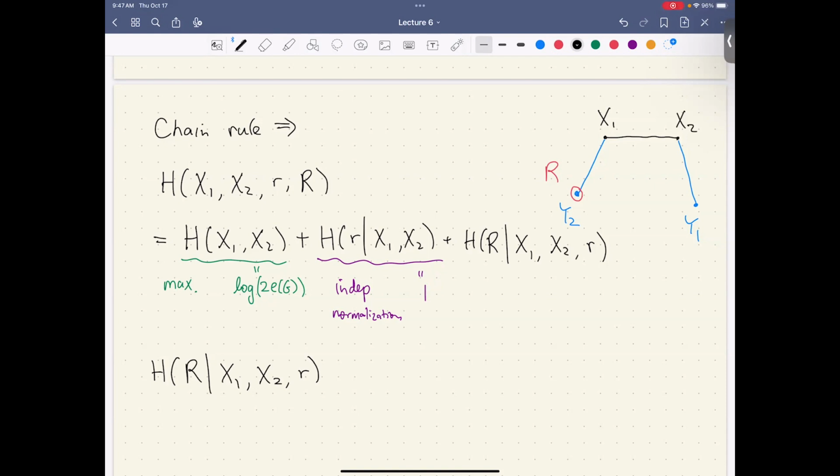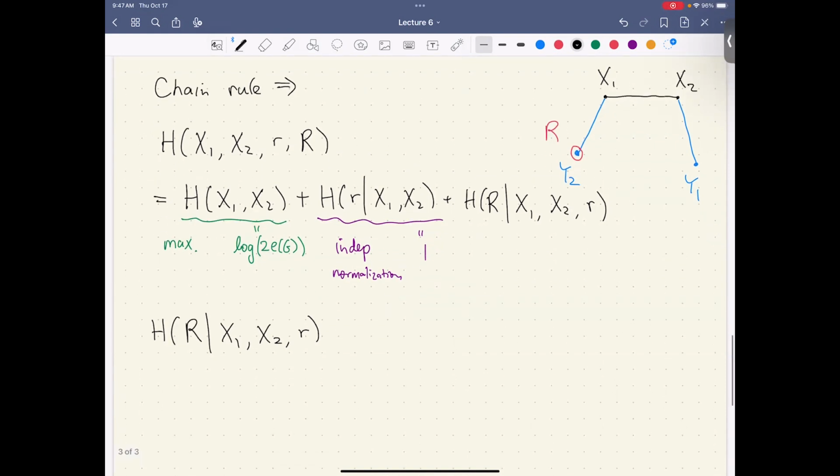Let's write it out using the definition of conditional entropy. So let's recall the definition of conditional entropy on the side. Here's the definition.